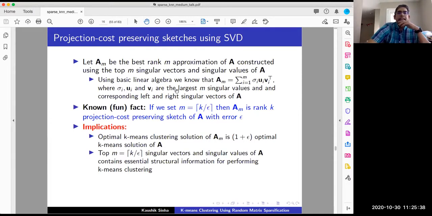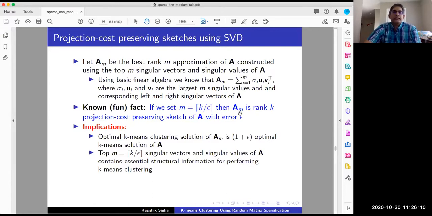Using basic linear algebra, A sub M can be written as the sum of sigma i, u i, v i, with sigma i and u i and v i corresponding to the largest M singular values and the corresponding left and right singular vectors. It is a known fact that if you choose M to be K over epsilon, where K is the number of clusters you are looking for, then A sub M is a rank K projection cost preserving sketch of A with error epsilon.